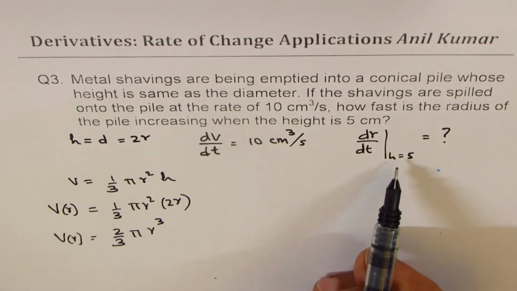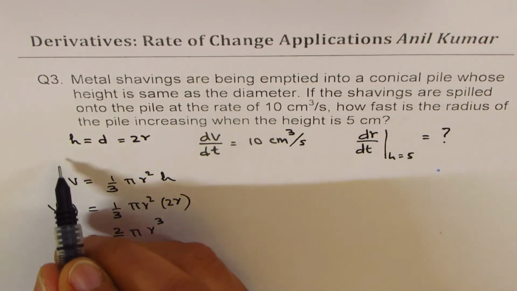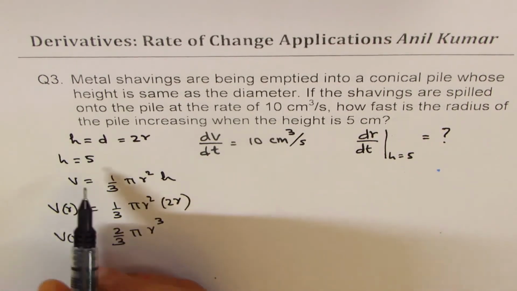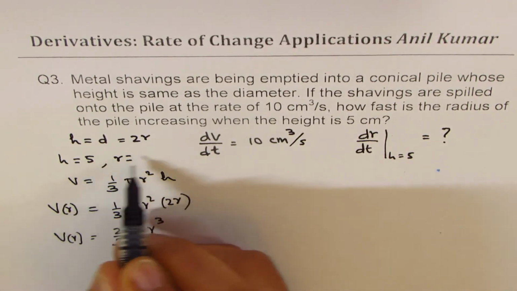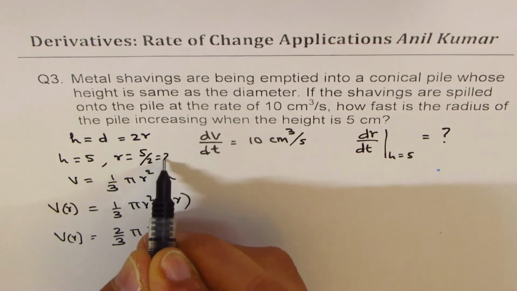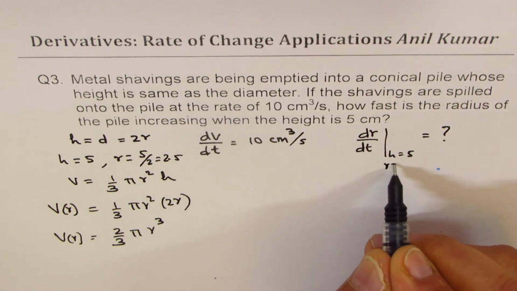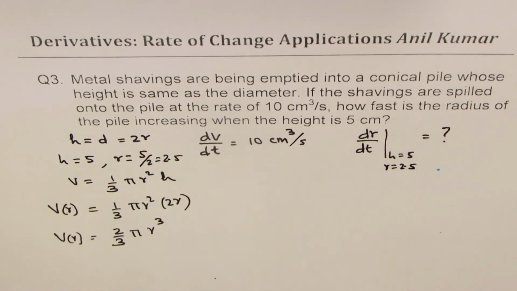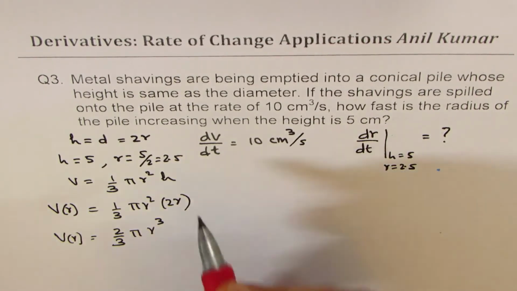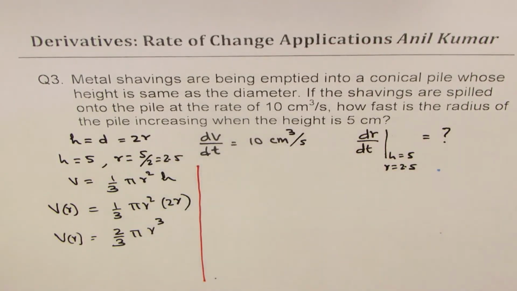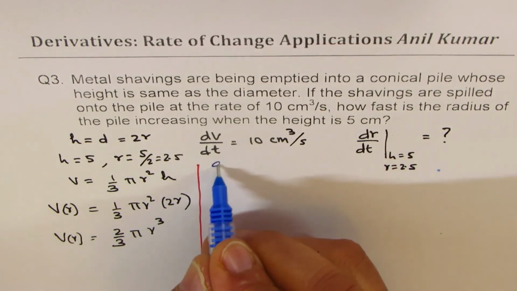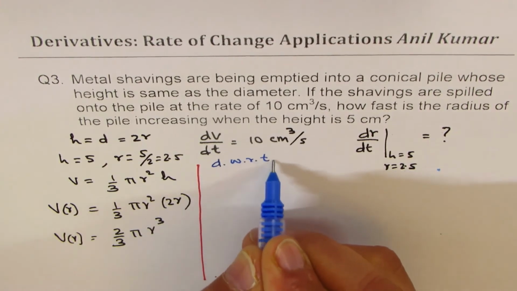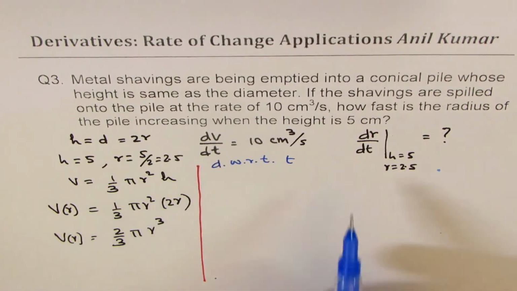We need to find the rate of change when height is 5, right? So if h equals 5, in that case r is equal to 5 by 2, which is 2.5, right? So r is equal to 2.5. Is that clear? So once you have written a formula explicitly in terms of radius, we could differentiate with respect to time on both sides and find dr dt, right?